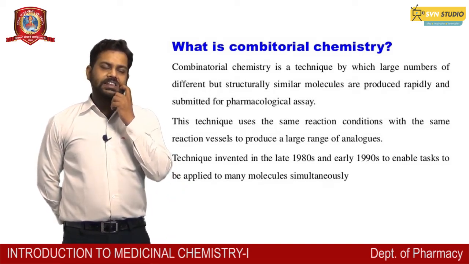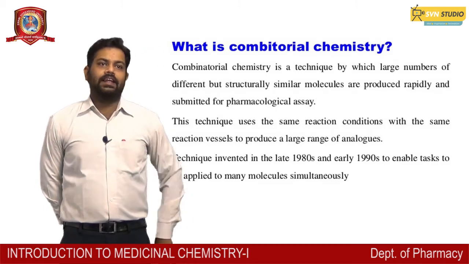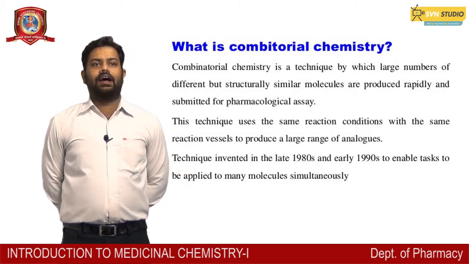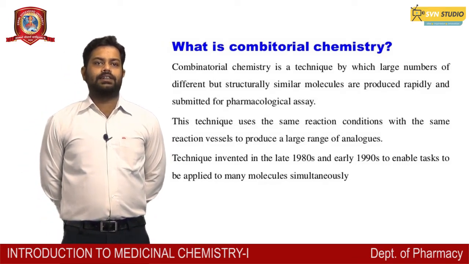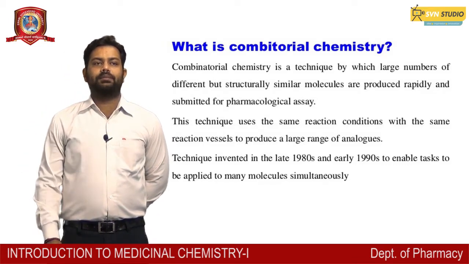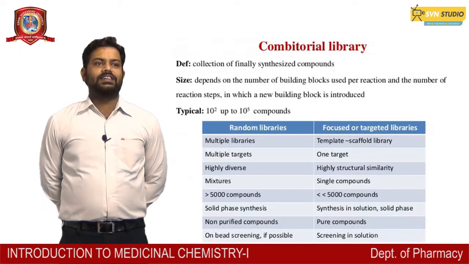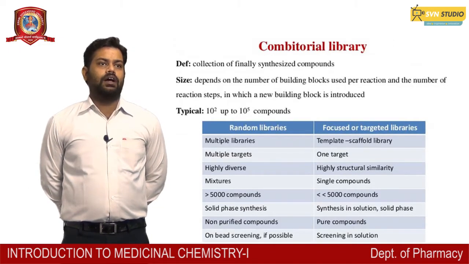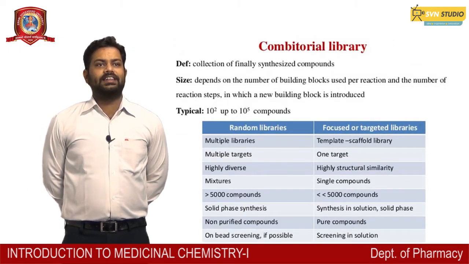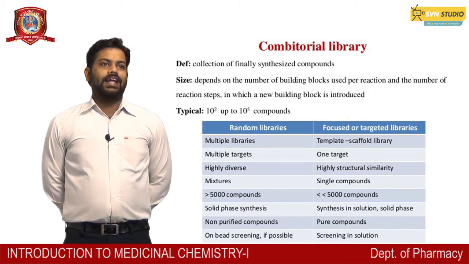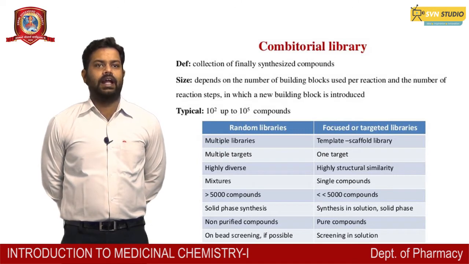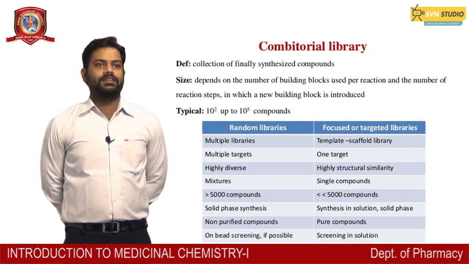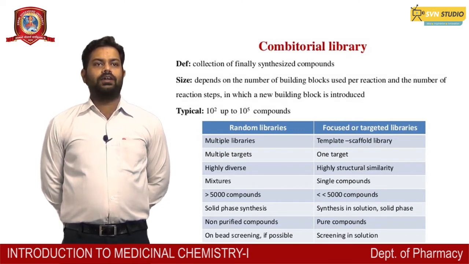This technique was invented in the late 1980s and early 1990s to enable tasks to be applied to many molecules simultaneously. A combinatorial library is a collection of finally synthesized compounds. Its size depends on the number of building blocks used per reaction and the number of reaction steps in which a new building block is introduced.